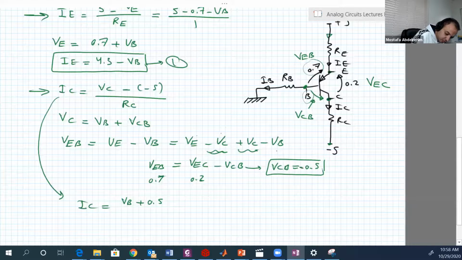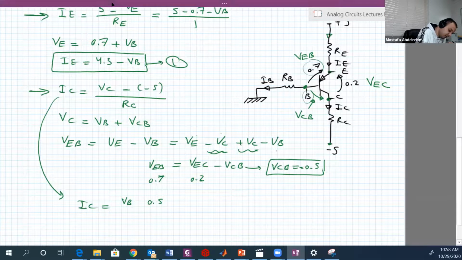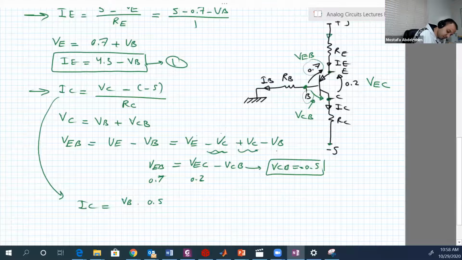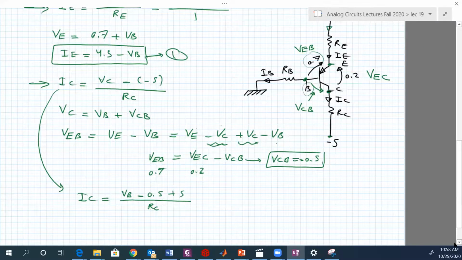So IC is equal to VC, and VC is equal to VB plus minus 0.5, plus 5 over RC. Can somebody check this calculation for me, please? Chris, can you please check behind me?